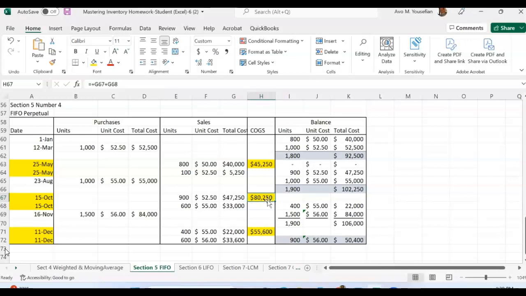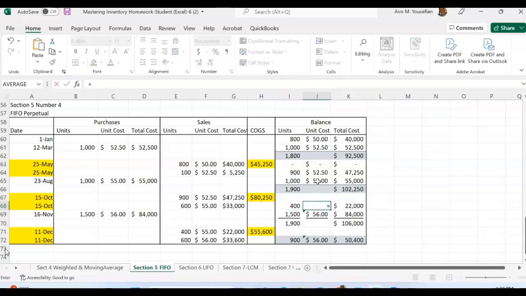Okay, you sold it. Good for you. What is left? This 900, that's gone. Out of this 1,000, 600 is gone. So 400 is left at $55. 400 at 55. That 55 comes from here. And that's the total dollar amount.